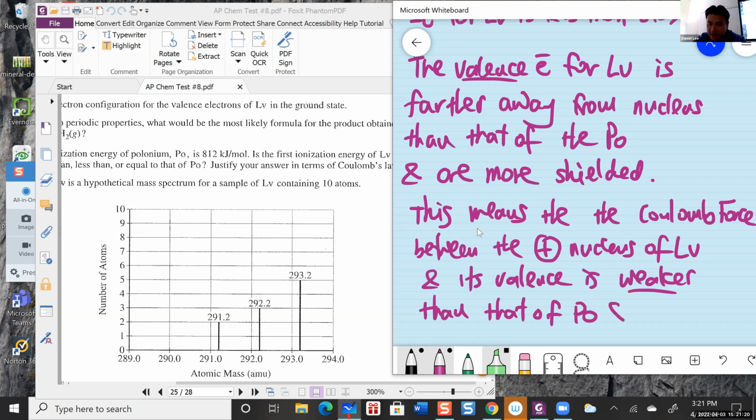So this comparison, grammar-wise, is kind of annoying because you've got to keep repeating what you keep saying. Maybe there's another way to say it.